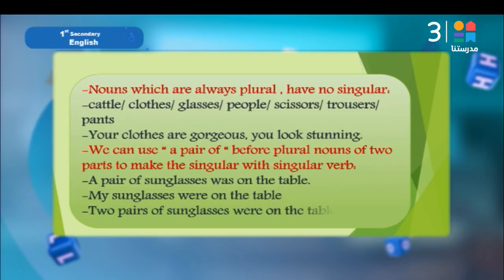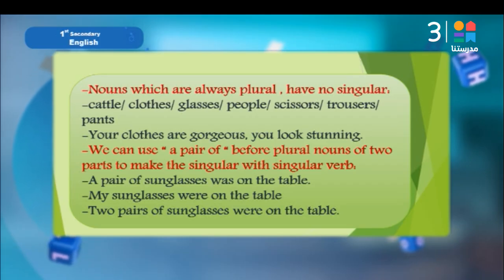What if I wrote it like this? Can I make "a pair of" plural? Yes, I can pluralize "a pair of." What is its plural? Two pairs of, three pairs of, four pairs of. So it can be counted, actually. In this case it comes with what? With the plural verb.